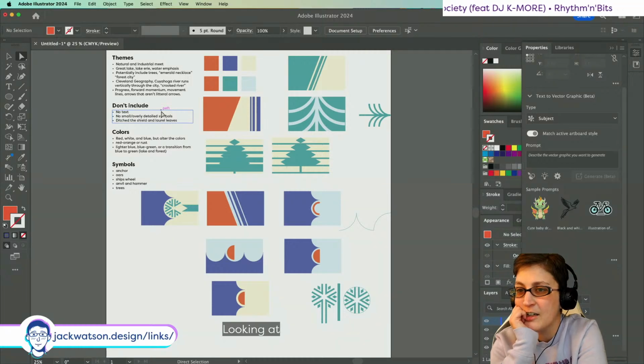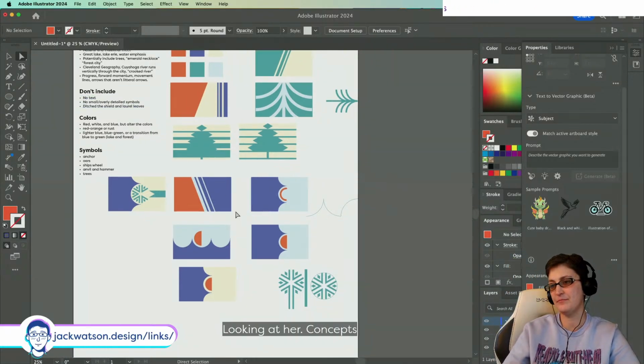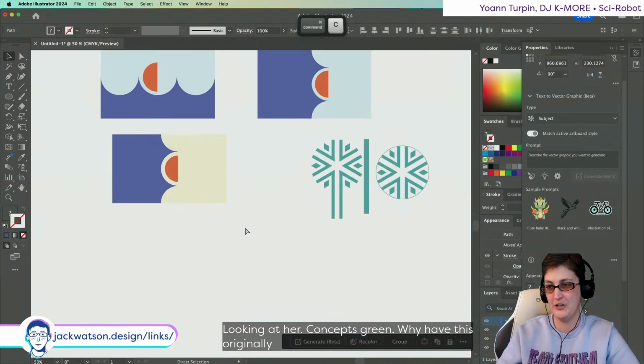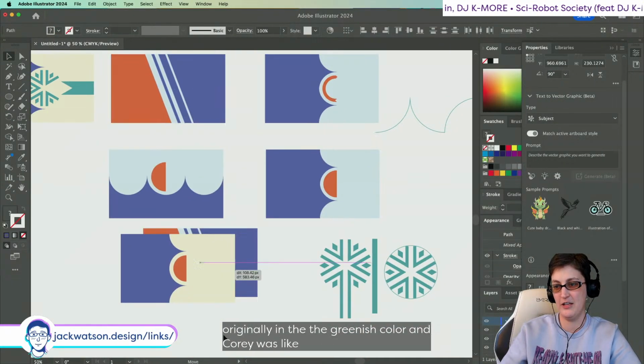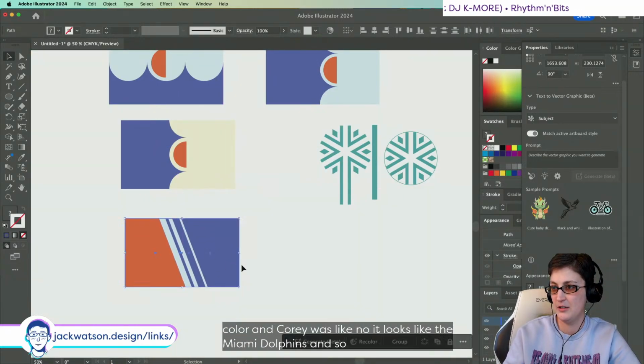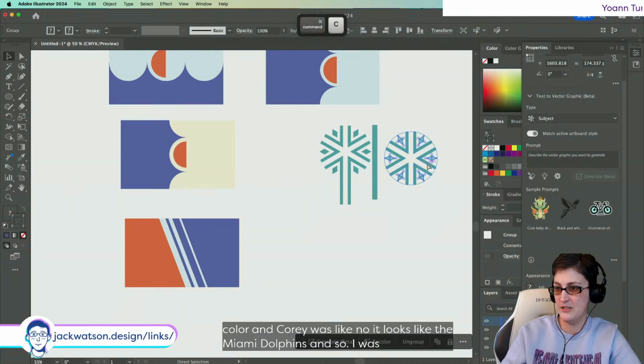Looking at our concept. Green? Well, I had this originally in the greenish color, and Corey was like, nah, it looks like the Miami Dolphins. And so I was not touching that one.